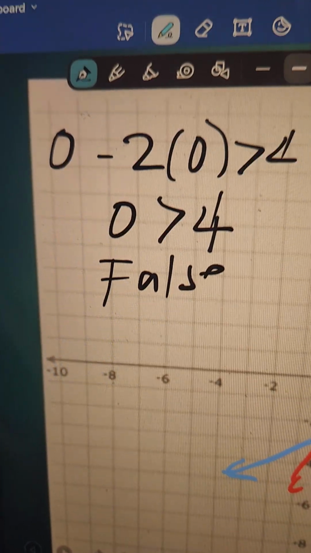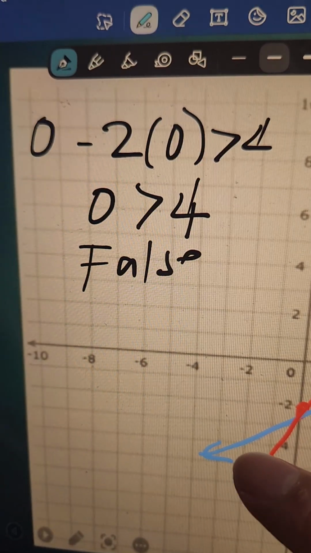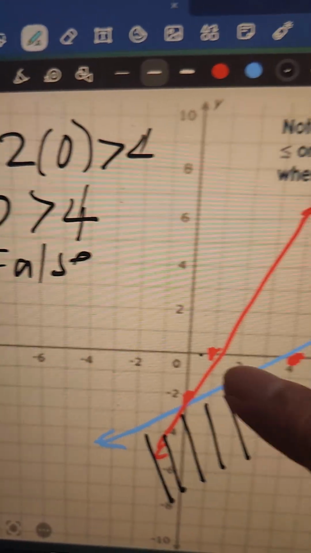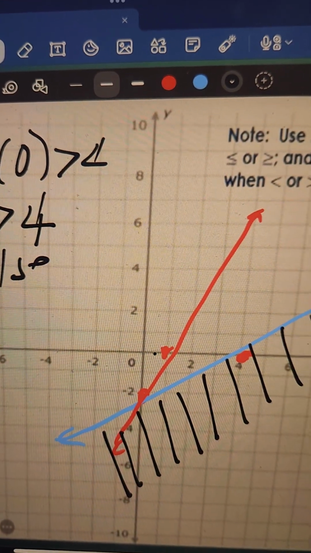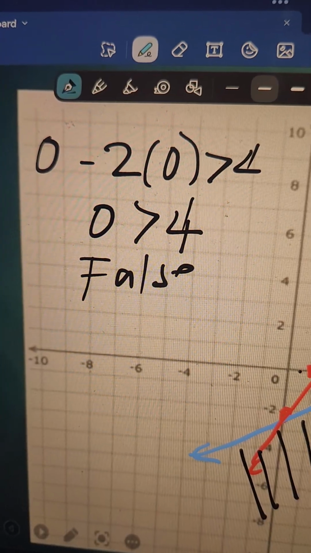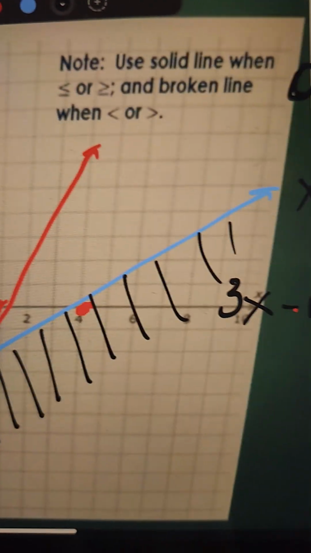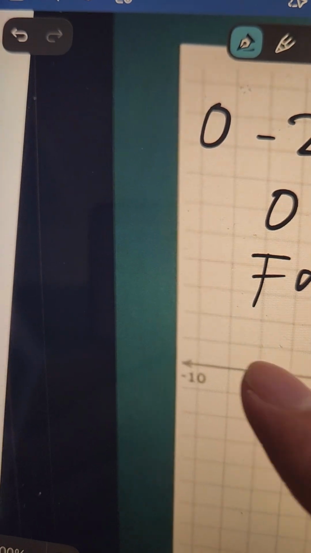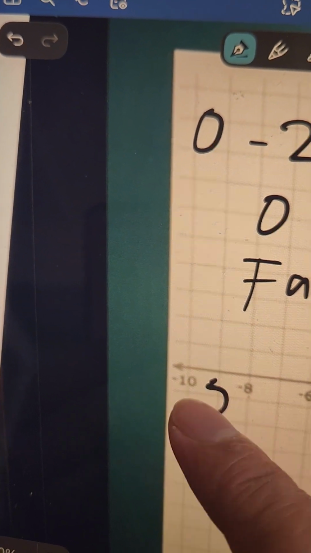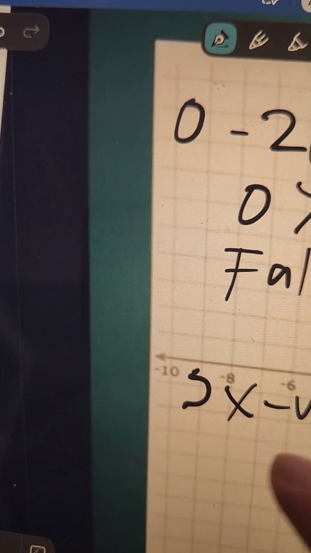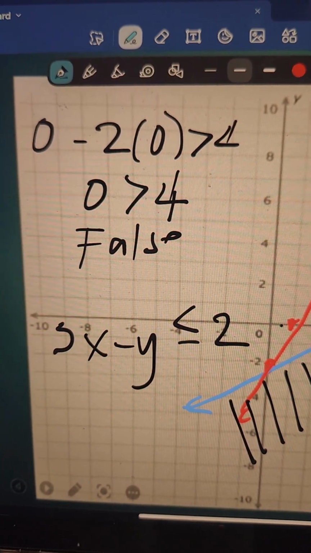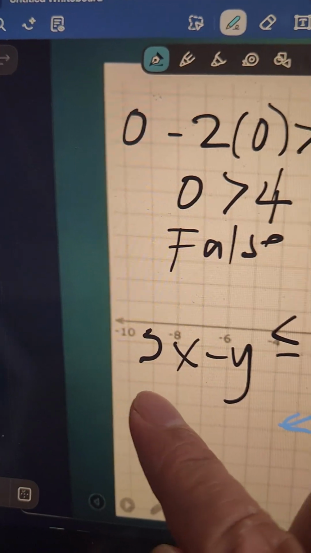So, ibig sabihin, kailangang ilayo natin yung shading. Okay? So, ang shading natin would be around this area. And remember, range ito, di ba? Kaya itong part na to, yung i-shade natin. Now, let's also check for the other expression. So, yung ating 3x minus y is less than or equal to 2. So, again, yung assumption, yung pang-test natin would be both are 0.